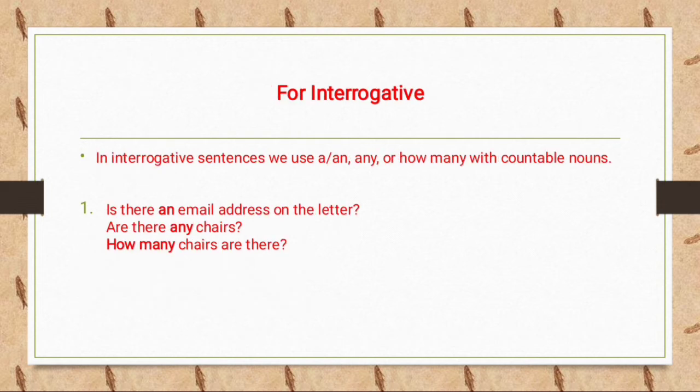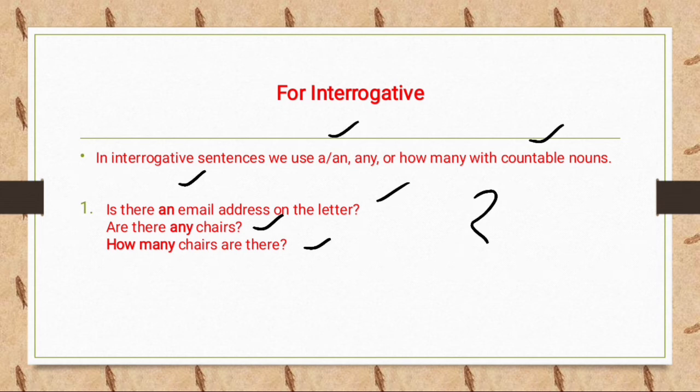For interrogative sentences we use a and an and any or how many with countable nouns, like is there an email address on the letter. Now it's obviously an interrogative sentence, and at the last we have a question mark. And the second sentence, are there any chairs?